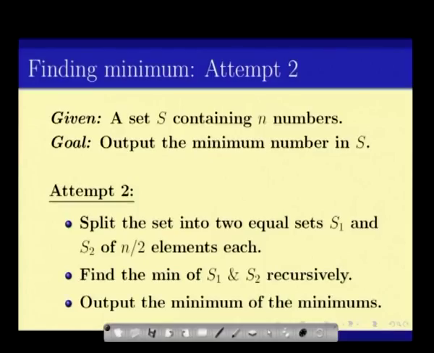Note that this will indeed output the minimum of the whole set, because the minimum of the whole set is the minimum over all the elements in S, which is the minimum of the minimum of S1 and the minimum of S2, which we get as recursive calls on S1 and S2.